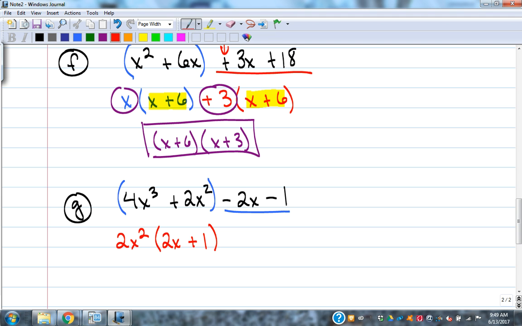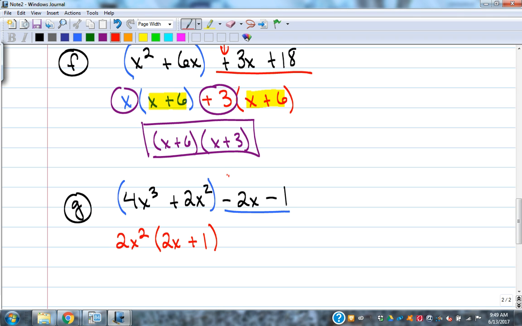Now, second pair, negative 2x and negative 1. What do they have in common? Yeah, there's no bigger number. 1 goes into both of them.